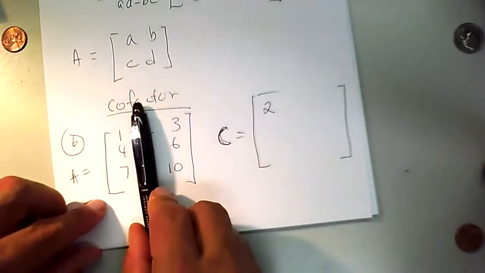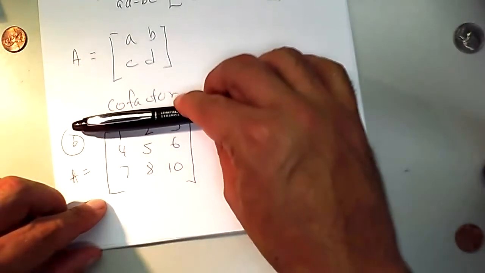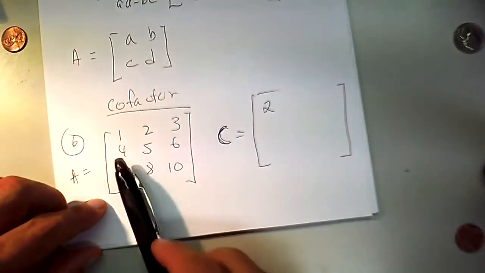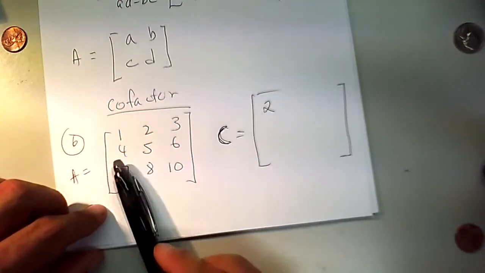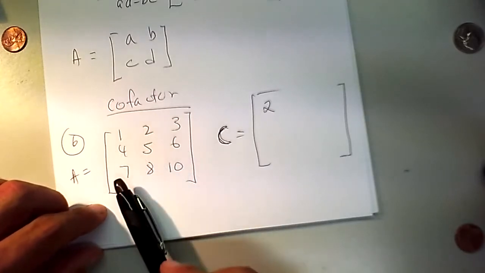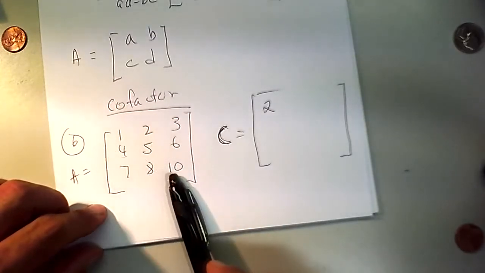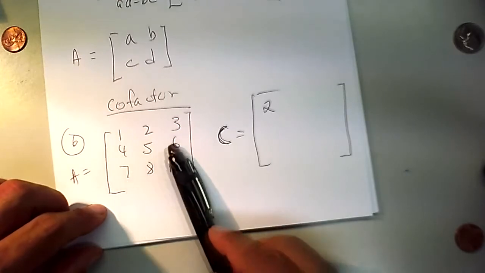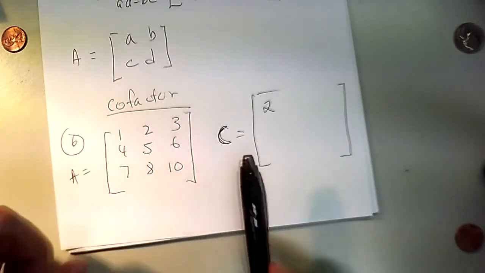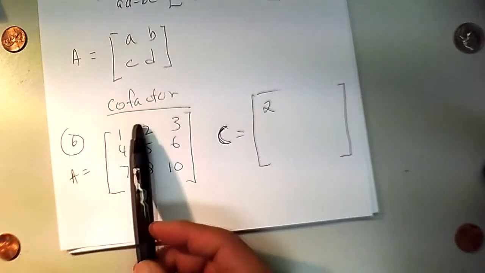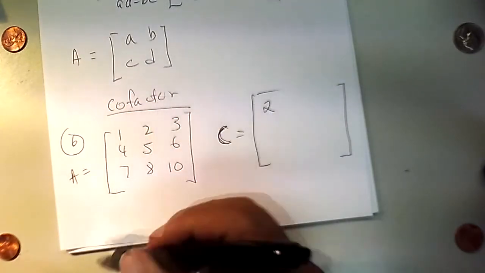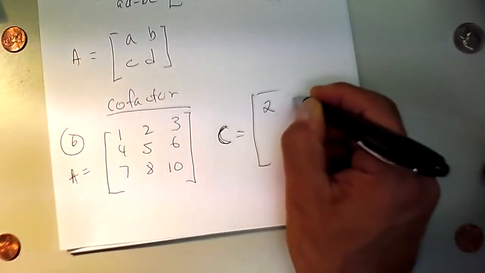So wipe off the column of the 2 and the row of the 2, and we end up with 4, 6, 7, 10. Find the determinant of that 2 by 2 matrix, which is going to be 40 minus 42. That should give us negative 2. But because we're on the second entry, we're going to turn that into the opposite. So 2 again.